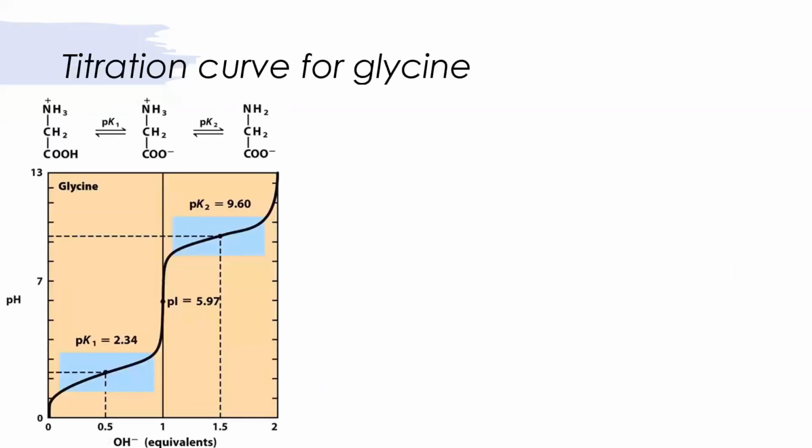Since amino acids have the ability to accept and donate protons, they can act as buffers. We can even draw titration curves for amino acids as you typically have done for acids and bases. Shown here is a titration curve for the amino acid glycine. At the far left of glycine's titration curve, both the amine and carboxyl groups are protonated, as we can see here.